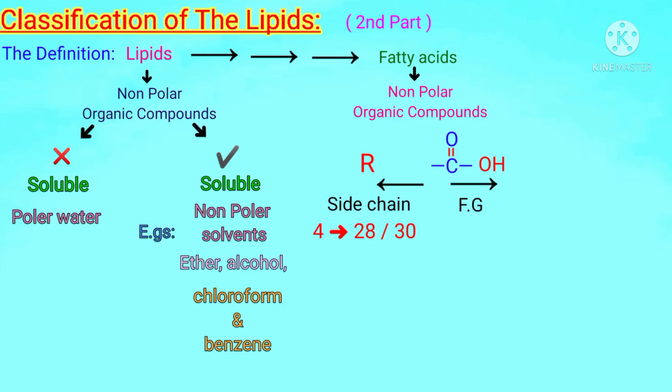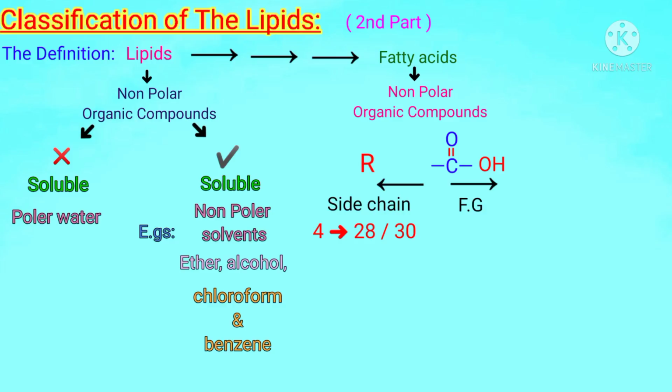So students, a fatty acid has two important parts. First one is the carboxylic group, that is C double bond O OH, and second is a side chain, a hydrocarbon chain with 4 carbon atoms to 28 or 30 carbon atoms. Dear students, an important point about fatty acids is that an even number of carbon atoms are present.